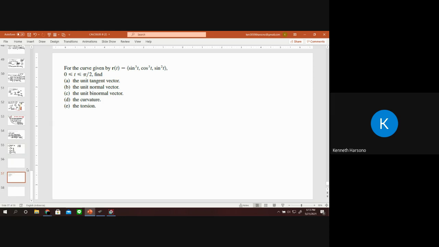So the unit tangent vector is this one, right? The T. What is the T? That's just r prime t divided by the magnitude of r prime t.